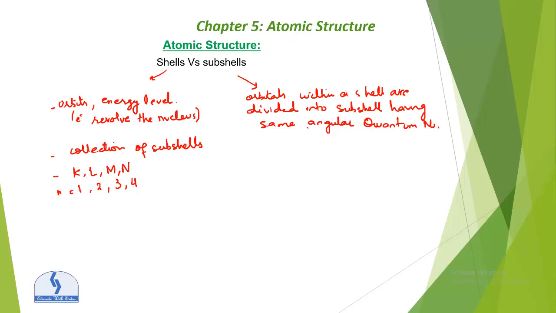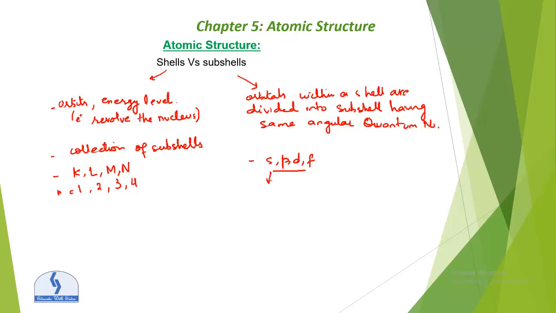We have studied that shells are represented by K, L, M, N and the subshells are represented by s, p, d, f. Subshells are basically a collection of orbitals with the same angular quantum number. The angular momentum quantum number is defined as l.